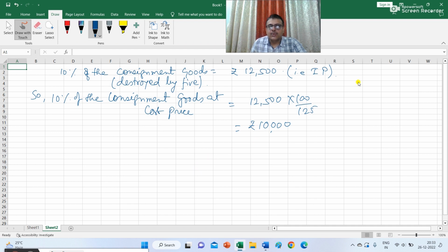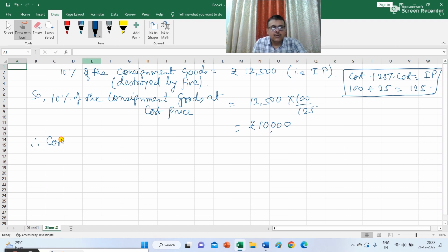It is given in the question that cost plus 25% of cost is equal to invoice price. So if the cost is 100, the load is 25 and invoice price is 125. So this is the equation and the relation between the cost price and the invoice price. So the 10% of the consignment goods at cost price is rupees 10,000.